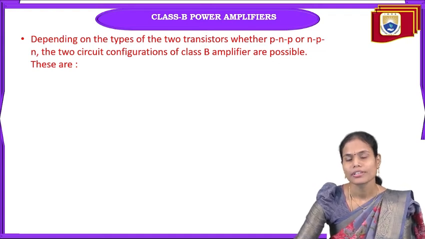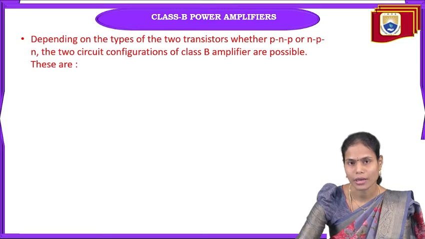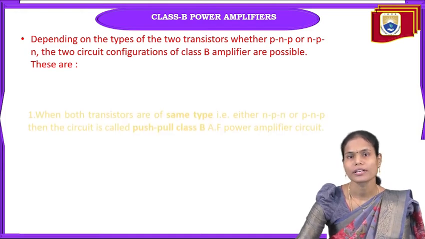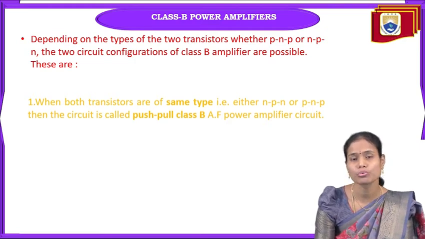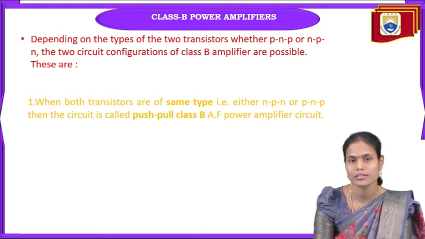And here we are saying that 2 transistors are going to be used in the class B power amplifier. Depending upon which type of transistors we use and which type of connections we make in the circuit, these class B power amplifiers are divided into 2 types. First, if we take 2 transistors of a similar type, that is, both NPN or both PNP, that circuit is called the push-pull class B power amplifier.